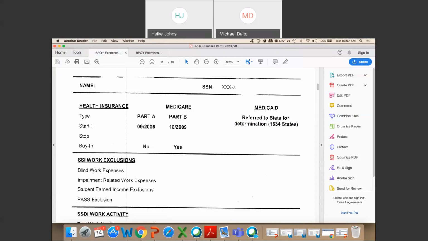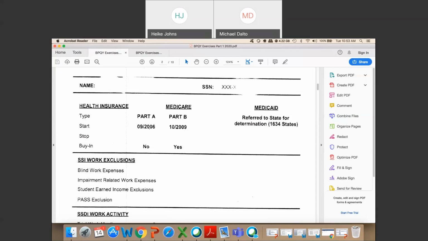Now, under Medicare for Part A, there's a start date of 9/2006. For Part B, it's 10/2009. So this person started getting Part A, which was mandatory, in September 2006, but they didn't enroll in Part B until just over a year later. So they probably declined Part B for about a year.